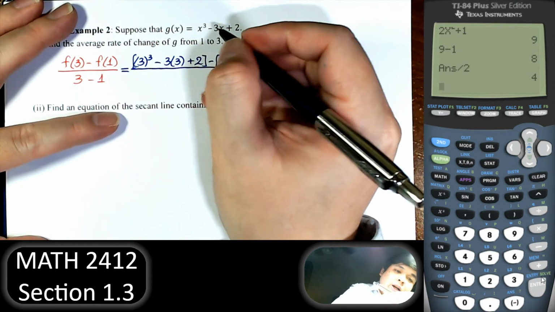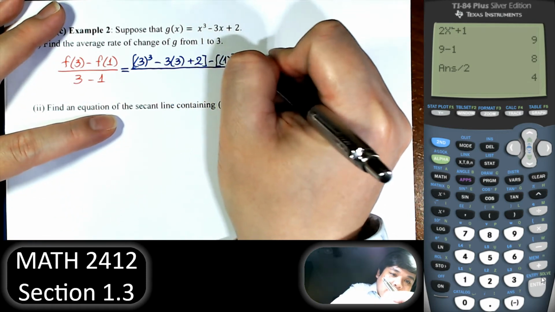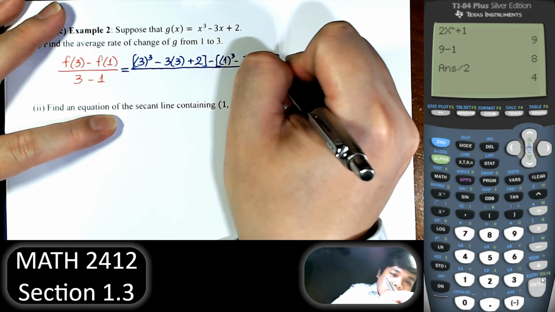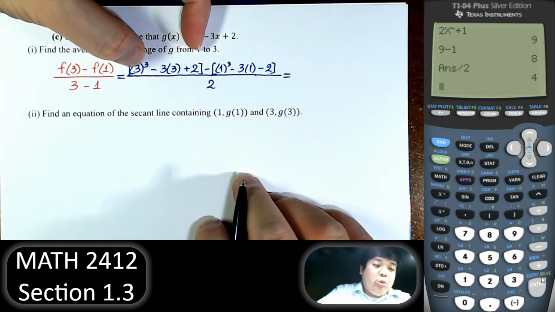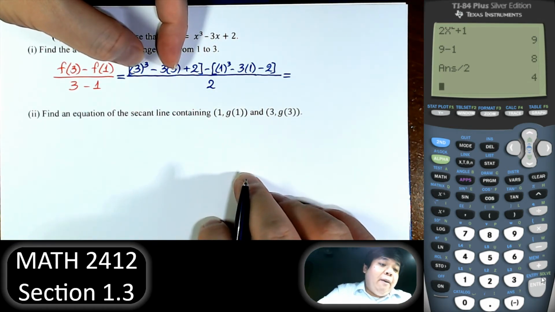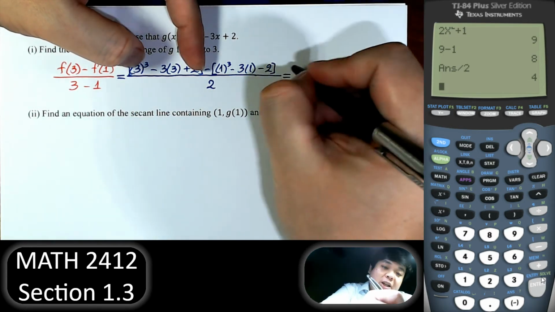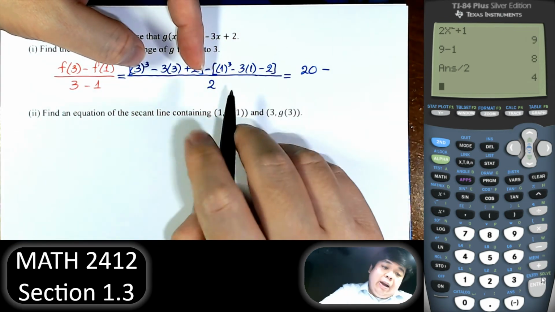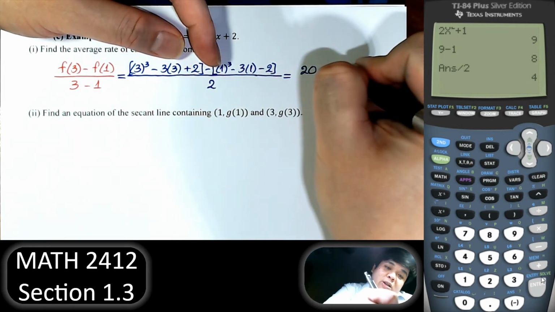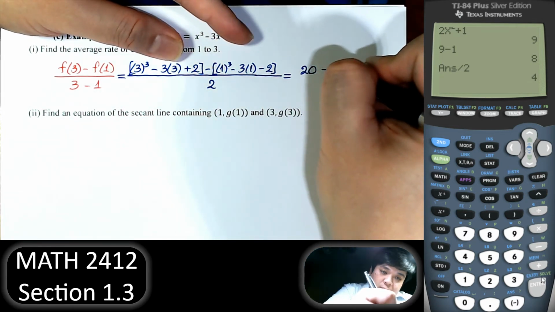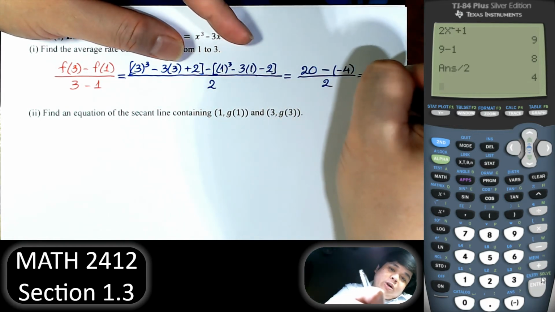Subtract when we put 1 in for x. 3 minus 1 is 2. So 3 cubed is 27. 27 minus 9 is 18, plus 2 is 20. Minus 1 minus 3 minus 4, so minus 4. So that 24 over 2 is 12.